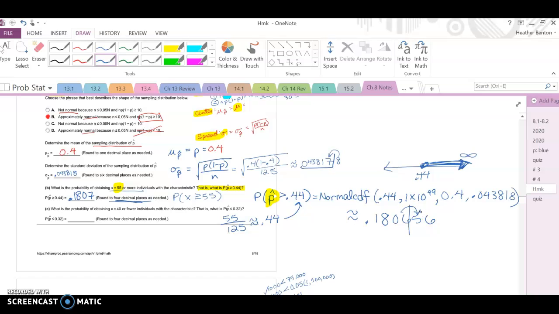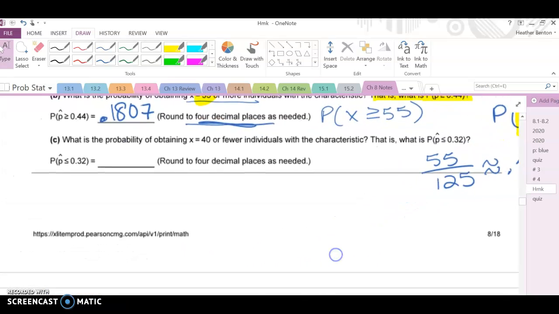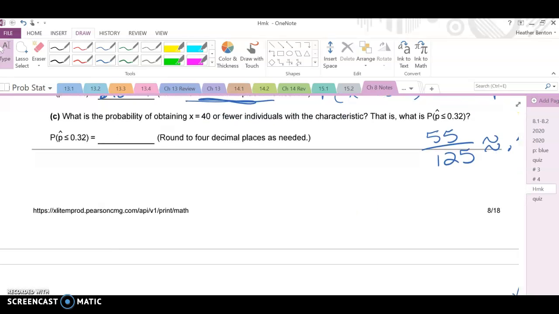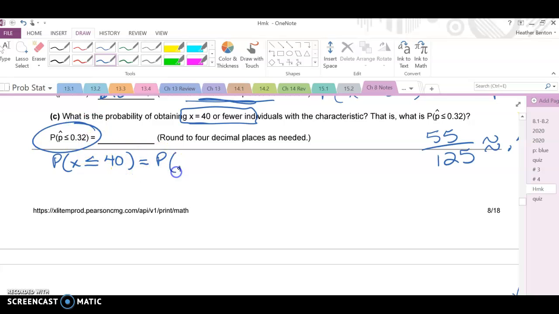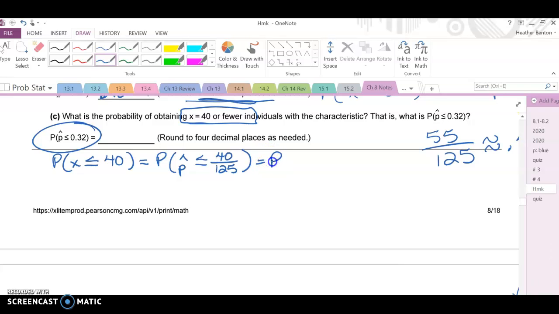All right, and then the last one for problem 8, part C. What is the probability of obtaining x equals 40 or fewer? So the probability that x is less than or equal to 40, remember, that's the same thing as the probability that p hat is less than or equal to 40 out of 125, which is the same thing as the probability that p hat is less than or equal to 0.32, right?